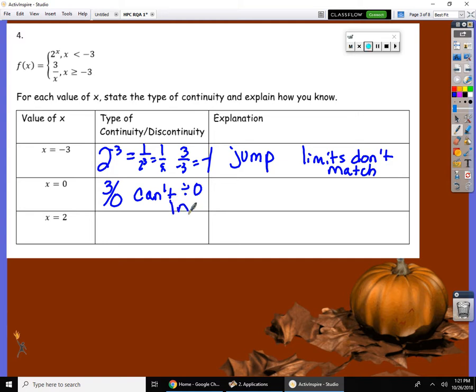It's an infinite discontinuity. Because I have a what? Okay, which gives me a what? What did we study all week?